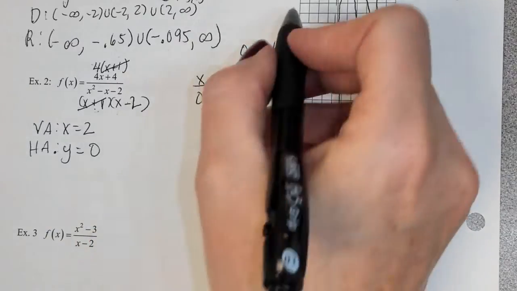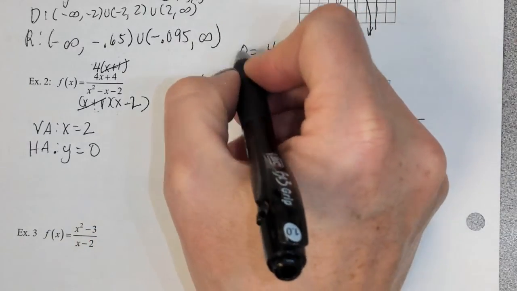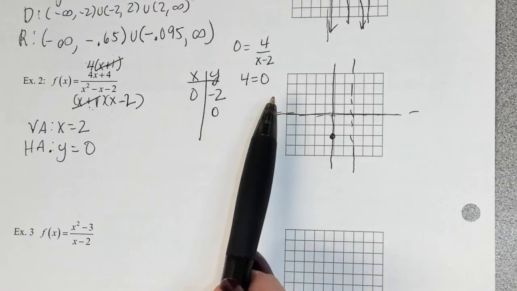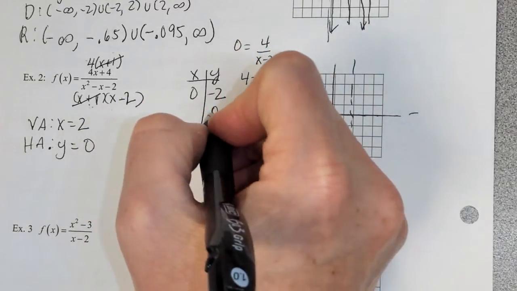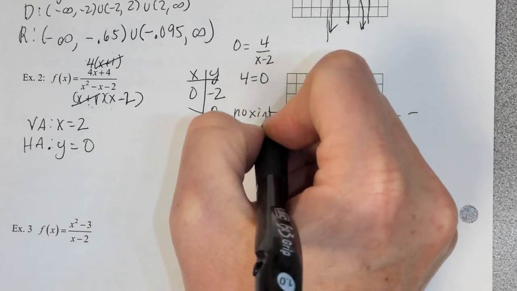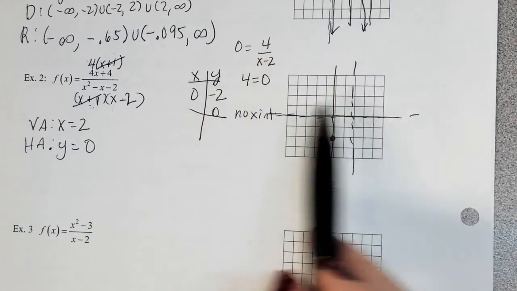If I cross multiply, I get 4 equals 0. So what does that tell me? Can 4 ever equal 0? So I have no x-intercept. Right there, that tells me no x-intercept.